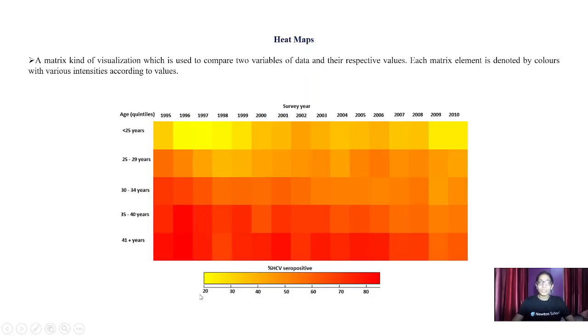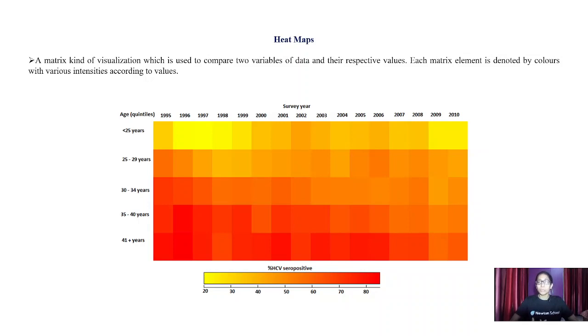Now comes a very important visualization, that is heat maps. In heat maps we have different colors to denote different matrix elements, showing color intensity according to the values we have. It is a matrix kind of visualization used to compare two variables of data and their respective values. We can see shades of yellow, red, and orange, so that depends upon the intensity.